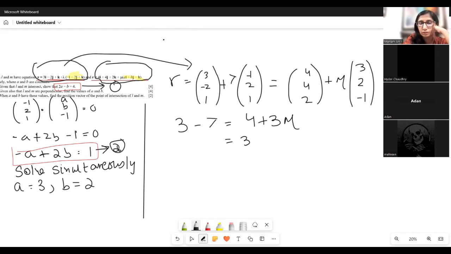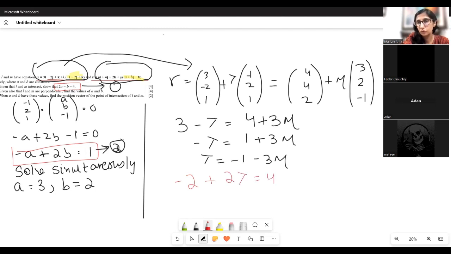Let me just slightly simplify this as well. I can write -lambda equals 1 plus 3 mu, and lambda equals -1 minus 3 mu. Okay. Now take the second equation. -2 plus 2 lambda is equal to 4 plus 2 mu.